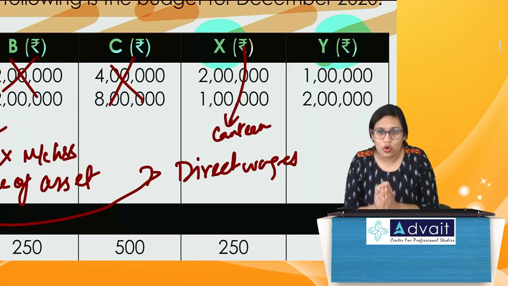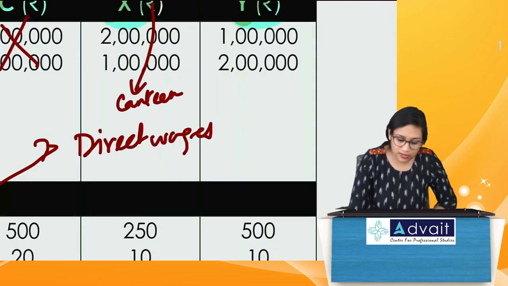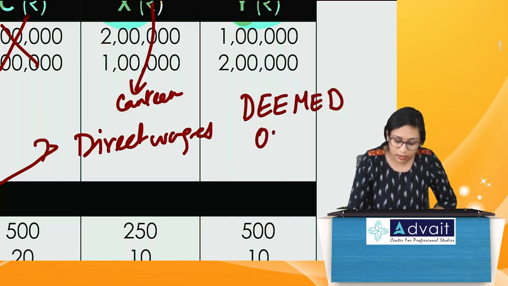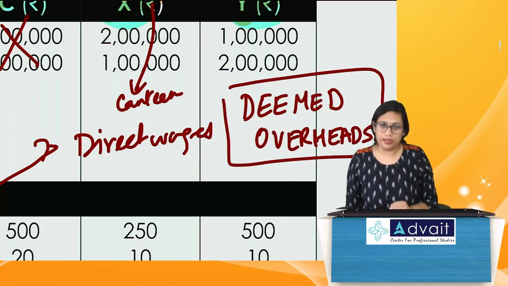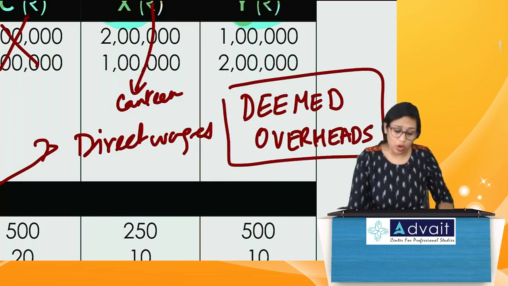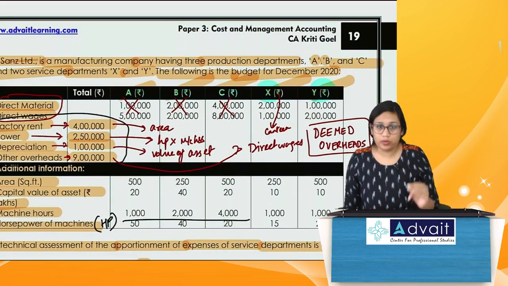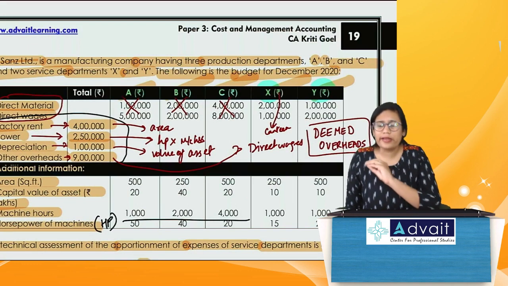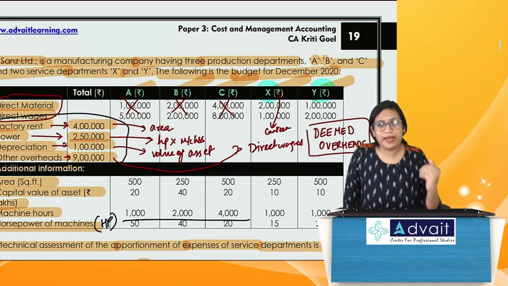Guys, yes or no? So this is called the concept of deemed overheads. So when we are talking about direct material and direct wages for the production departments, they will never come, because they are direct expenses.